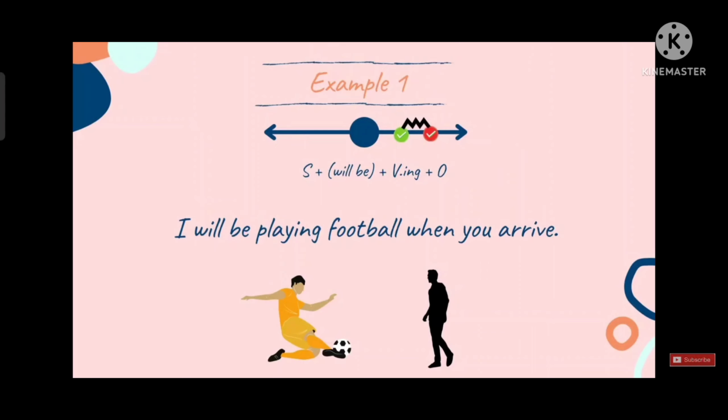It follows the structure where I am the subject, will be is verb's helping form. Then comes playing, which is verb's ing form, and football is the object. When you arrive is the next activity. I hope you are clear on the structure and timeline of this tense.